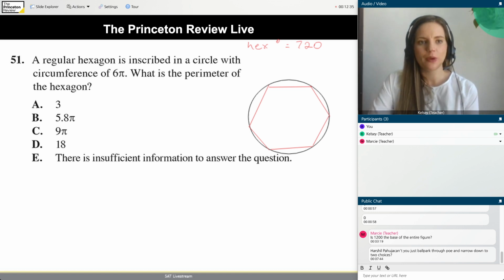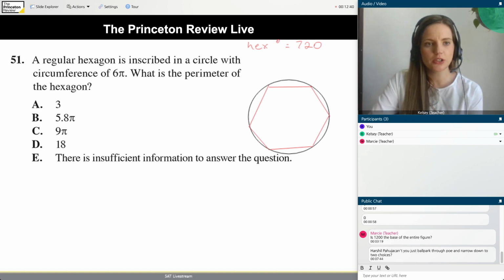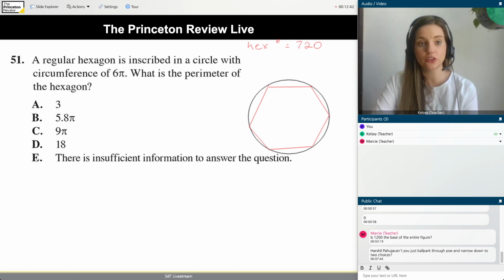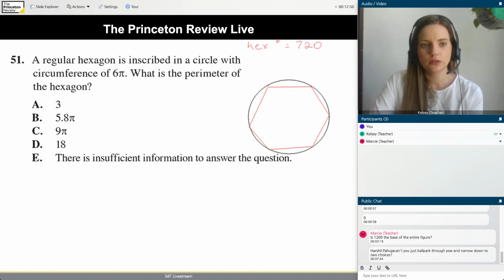And also remember what our formulas are that we're going to need for this. So we see that we're given the circumference of the circle, and we're looking for the perimeter of the hexagon. So let's figure out what we can do with that circumference. We need to know the formula for the circumference of a circle, which is going to always be 2 pi r.